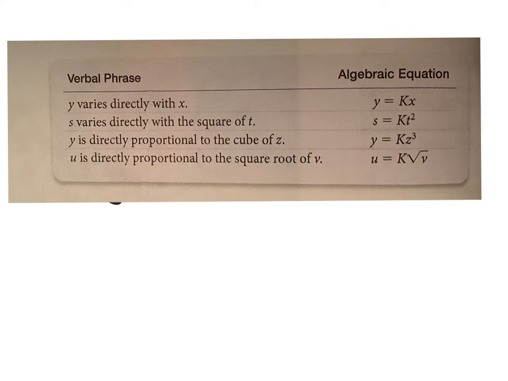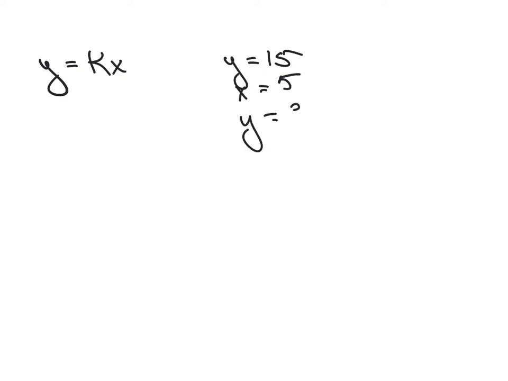Okay, so let's look at one of these and see what we need to do in order to figure these out. So example 1 gives us y varies directly with x. So I know this is my equation. If y is 15 and x is 5, they want us to find y, that's a question mark, when x is 7.